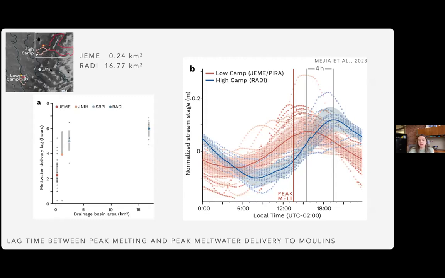On average, our high camp station recorded peak meltwater delivery to moulins 4 hours later than at our lower elevation stations. So here we do see a significant difference in the timing of meltwater delivery to our moulins, which we did expect.